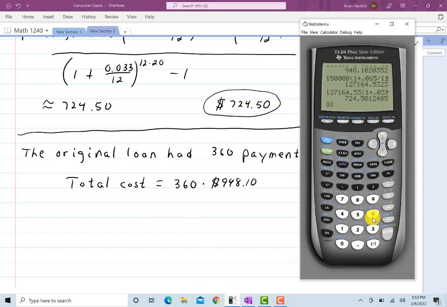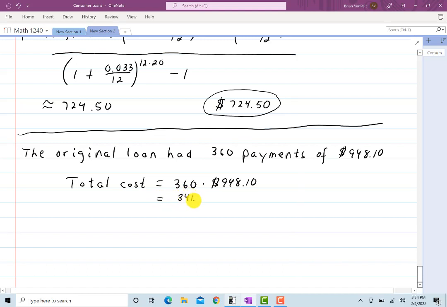So we have 360 times 948.1. So we get 341,316. So notice the original loan was for $150,000. In this scenario, you've paid, when all is said and done, almost $200,000 in interest.